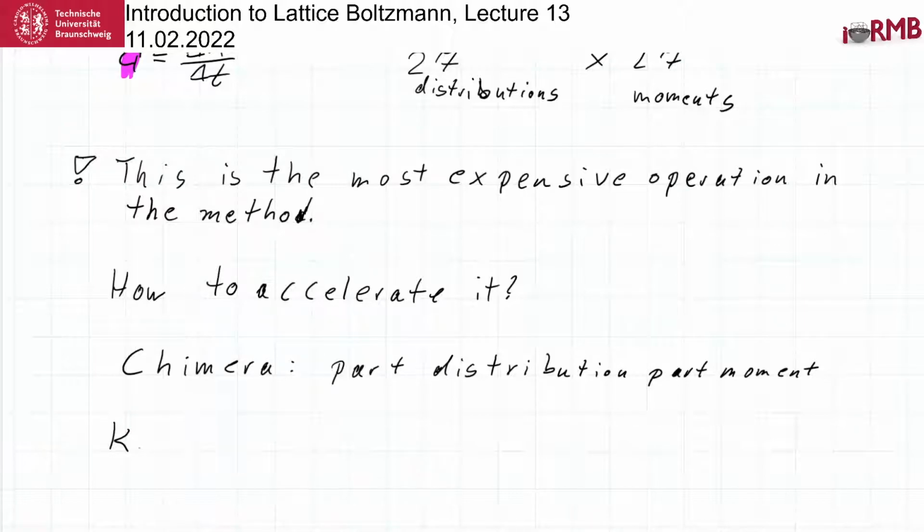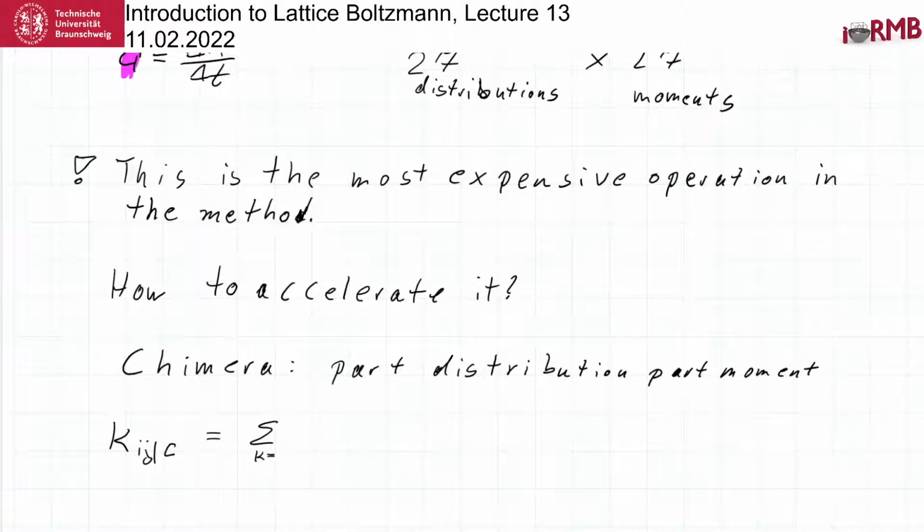Now I write K_ij-c, which means in x and y direction we have distributions, and I make a small line here and then write c, which means I have a moment in z direction. So what I mean by this is that I split up the sum.